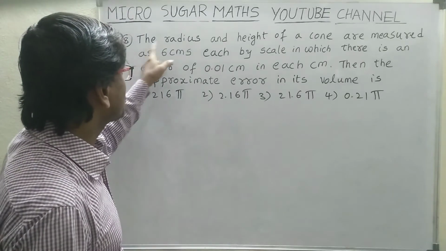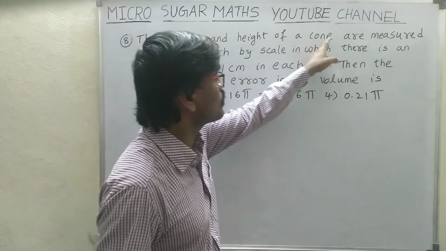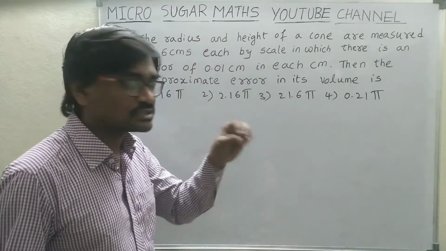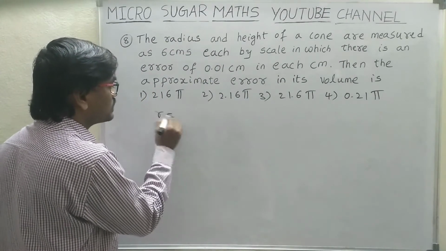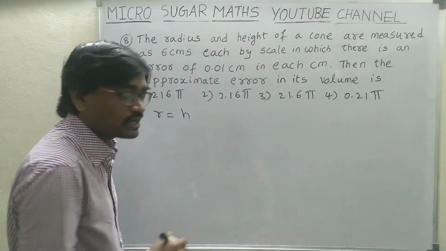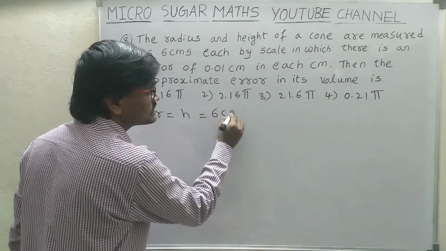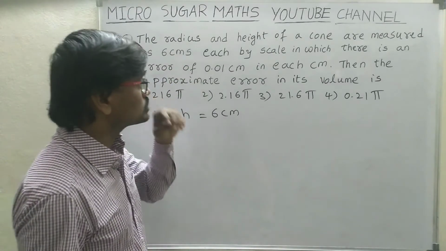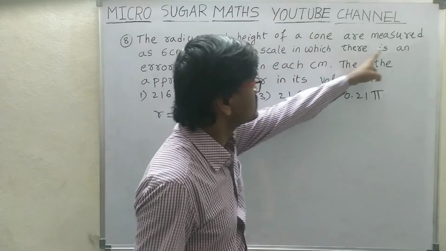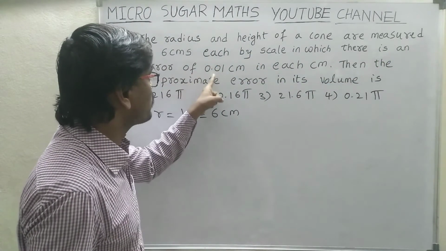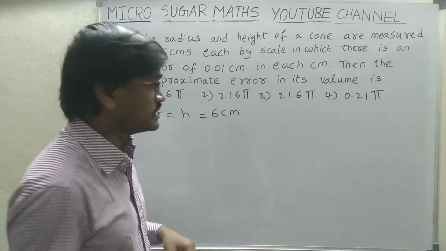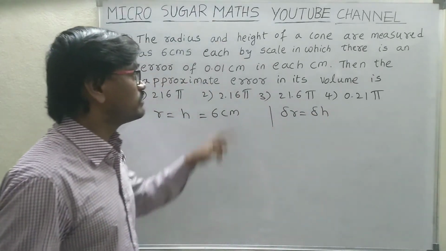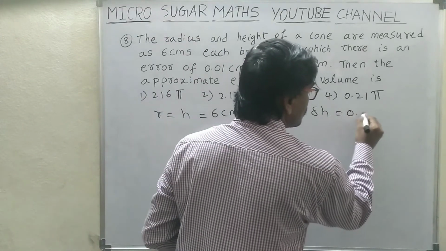Our next problem: the radius and height of a cone are measured as 6 centimeters each. Here radius and height of the cone are both equal to 6 centimeters. Then there is an error of 0.01, meaning delta r and delta h are given as 0.01.